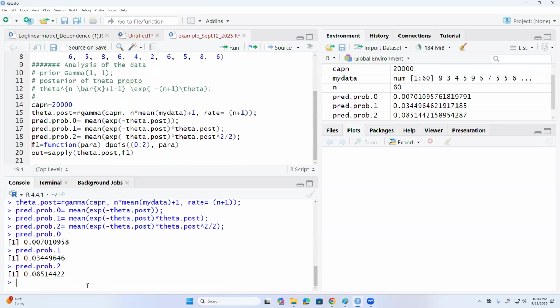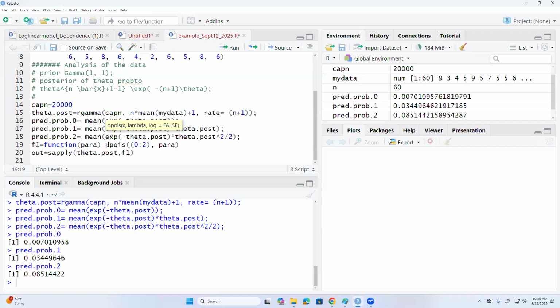But if you want to calculate it for many different values, then you can use this easier way. I write this function, call it f1. It is a function of the parameter, and at that parameter value, it is calculating the density function, the probability mass function of a Poisson distribution.